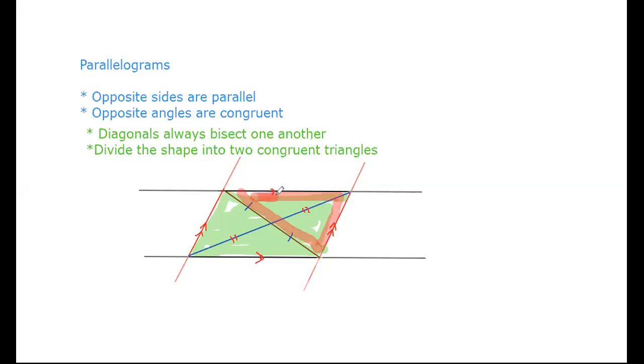So if we just look at that brown diagonal, it would cut the parallelogram into the red and the green triangle. And if we look at that blue diagonal, the blue diagonal cuts that parallelogram into 2 congruent triangles, the red one and the green. It does not necessarily cut it into 4 equal triangles, but definitely into 2 big congruent triangles. One diagonal makes 2 equal triangles.